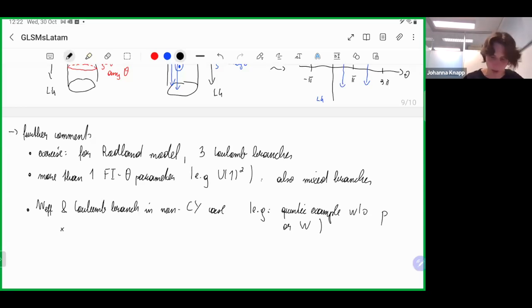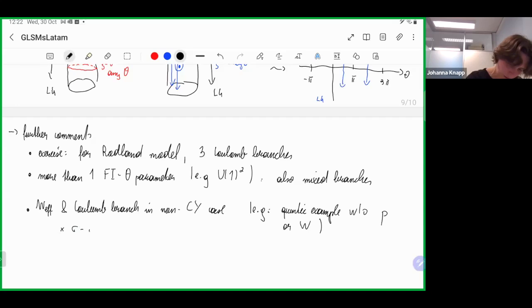If you try to do the same discussion, you will find there is no Landau-Ginzburg phase, but there is this Fano or projective space phase. You can use the same potential for the Coulomb branch, but it will all be very different. I will always have this example in mind.